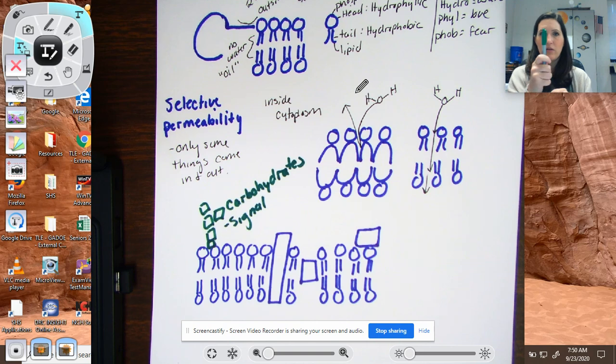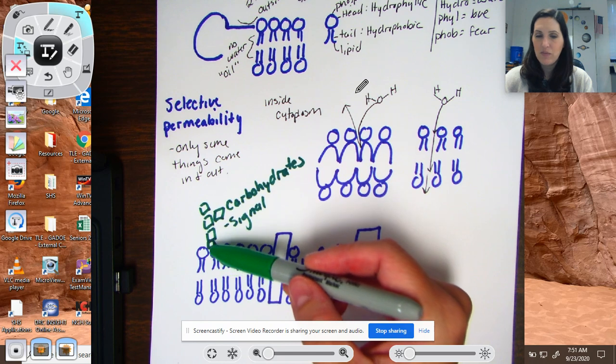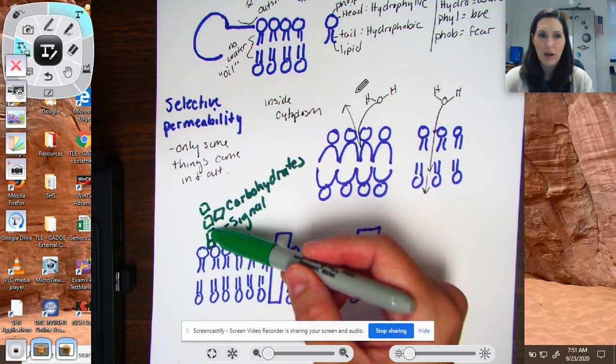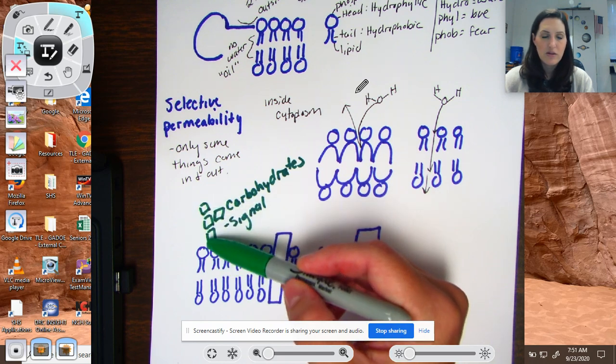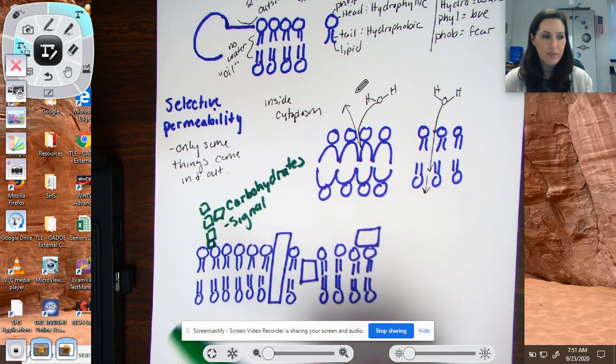So he's hanging outside of the cell, going beep, beep, beep. Okay, oh, this is oxygen, you can come in. Oh, this is glucose, you have to go over here. He's hanging outside the cell, kind of like an antenna. But he's an integral part of this phospholipid bilayer in the cell membrane because he's signaling where to go.